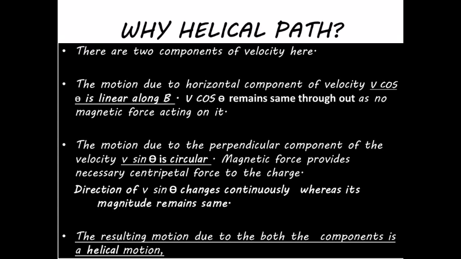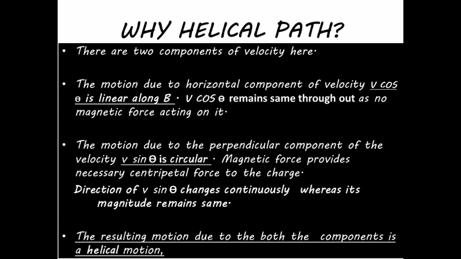But what happens to the v sin theta component? Motion due to the perpendicular component of the velocity will be circular. We studied it before also. Why is it circular? There must be some centripetal force. What is it that is providing the centripetal force? Magnetic force. Now I think things are a little clear.